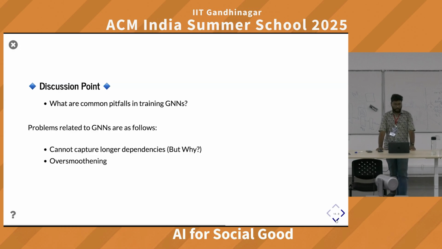Also, one other thing is over smoothing. What do you think over smoothing is? And how does it happen? Yes, node embeddings, right. So to capture long dependencies, what is the trivial thing?